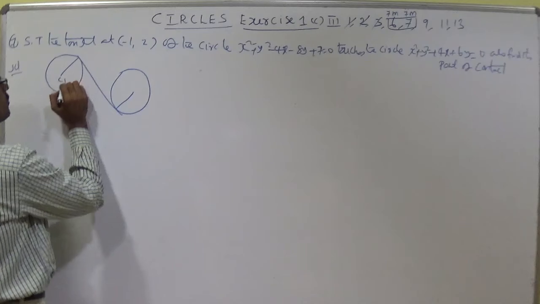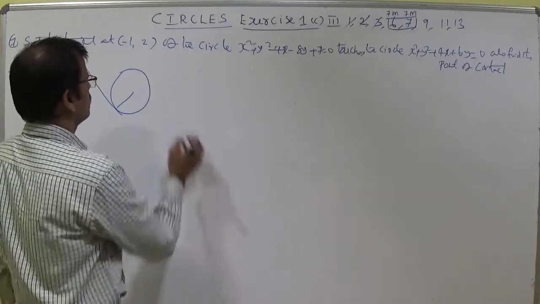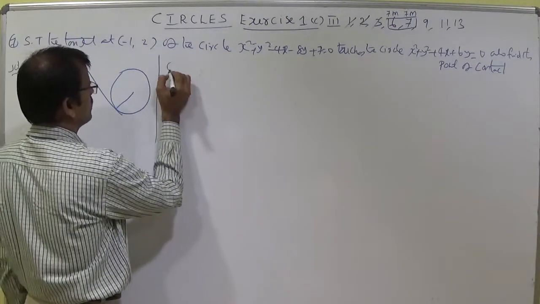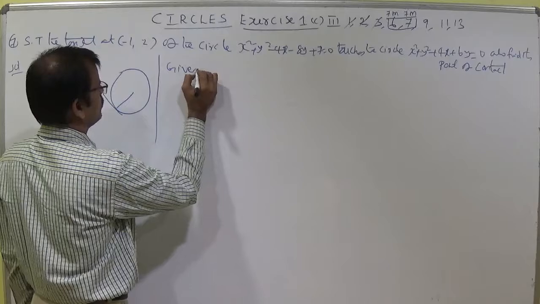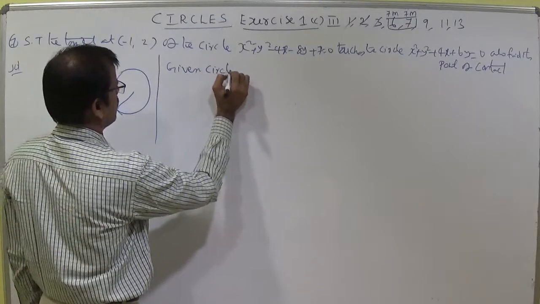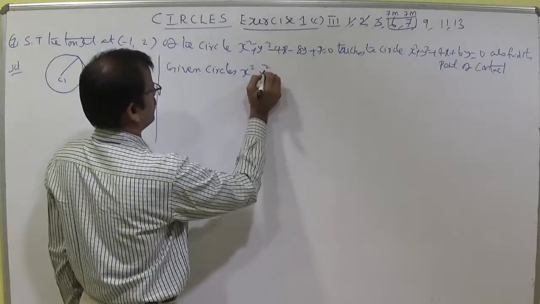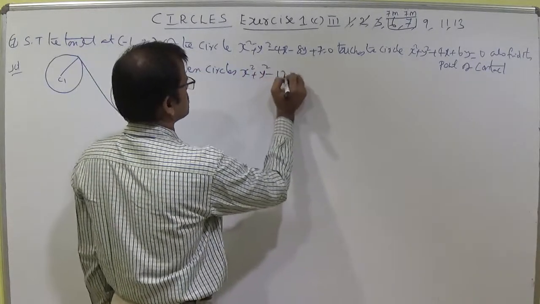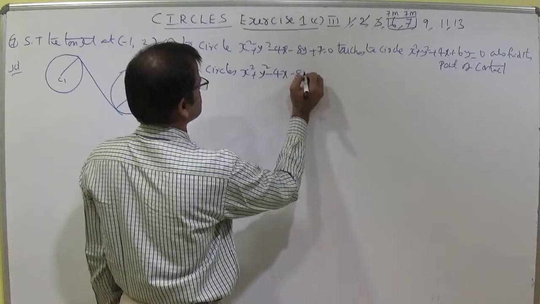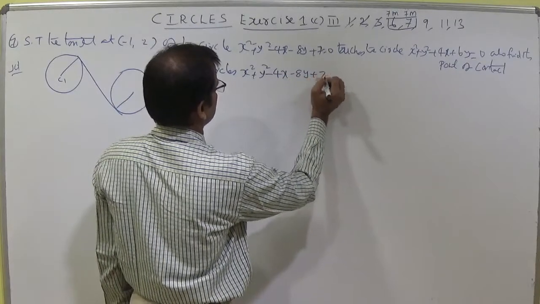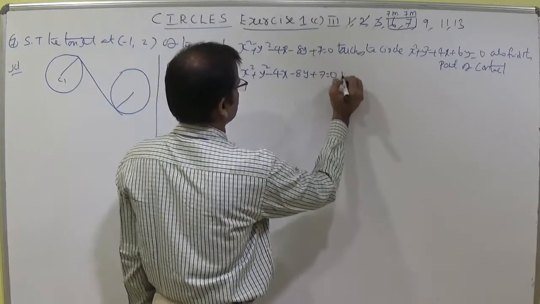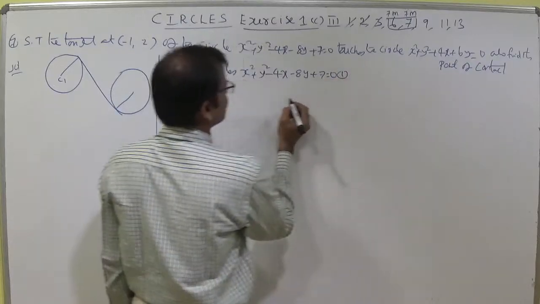This is C1. I am writing the given circles in the old sum model. Given circle x square plus y square minus 4x minus 8y plus 7 equal to 0. This is 1.